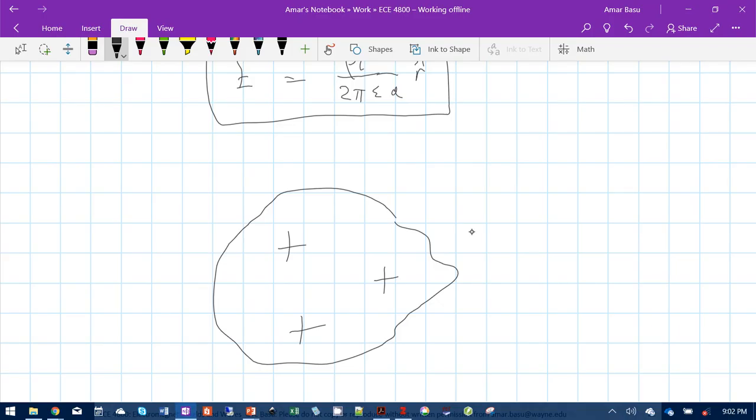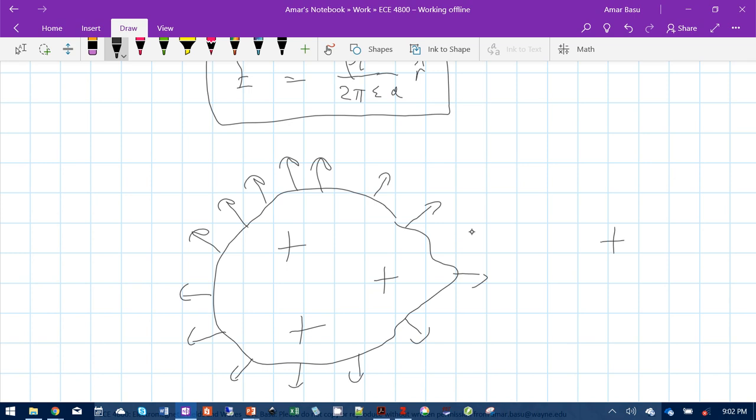So what is the total flux? It's adding up all these vectors. What was the original Gauss's law we talked about?